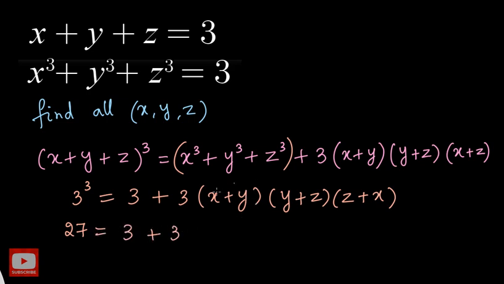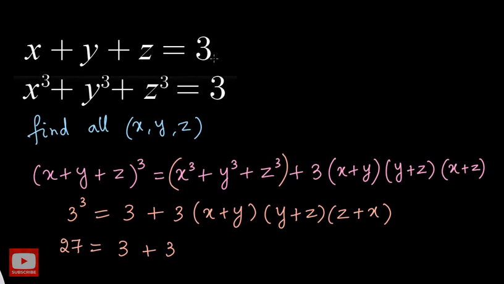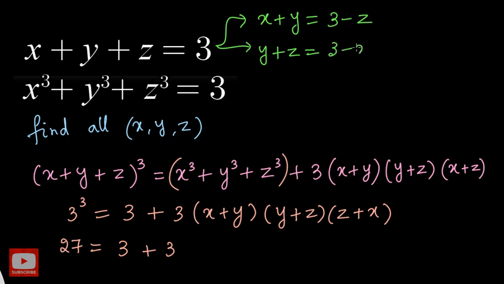I would like to do some simplification in x plus y, y plus z and z plus x. I will go back to the original equation, the first equation. Now let us find out what x plus y is. From this equation we can easily see that x plus y is nothing but 3 minus z, because we bring z to the right side. In the same way, to get y plus z, we bring x to the right side, so it becomes 3 minus x.